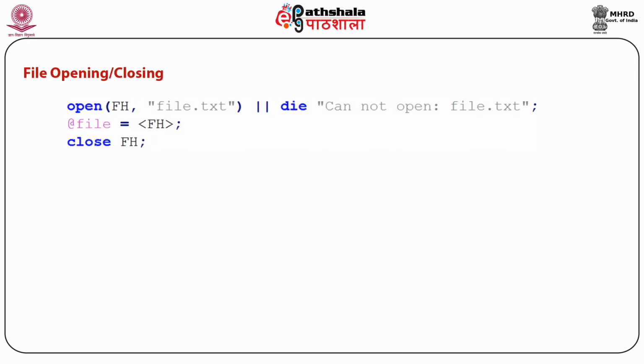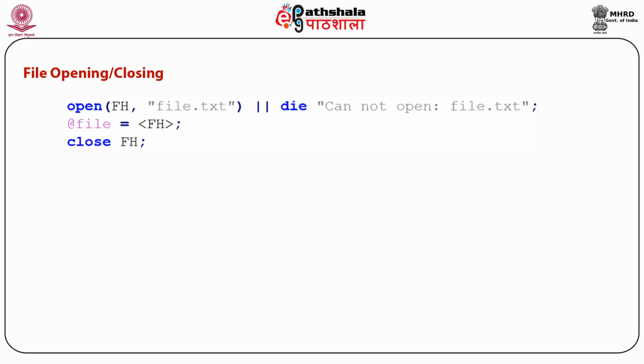A file can be opened by this syntax: open(FH, "file.txt") or die "cannot open file.txt". In this line, we open file.txt using the file handle FH, and if the file does not exist or some error is there, it will show the message that it cannot open file.txt.